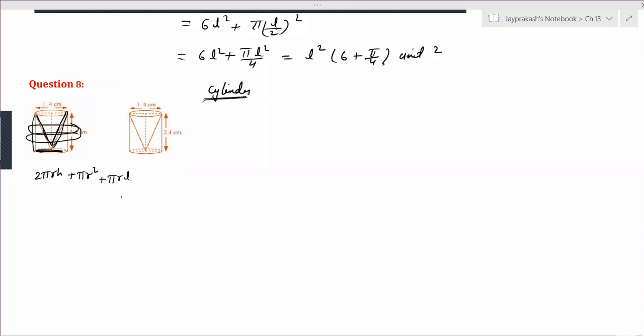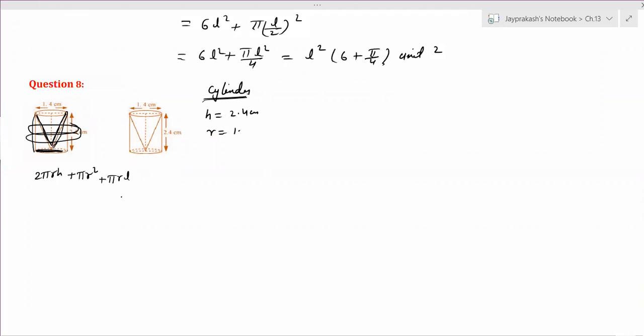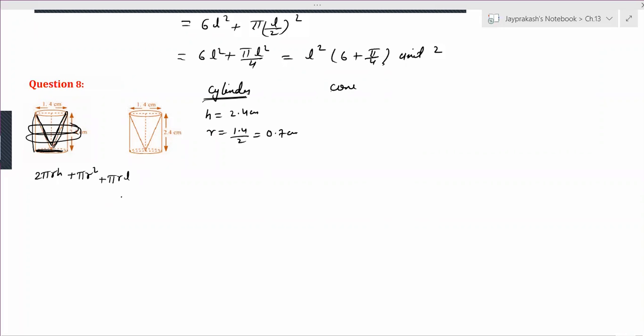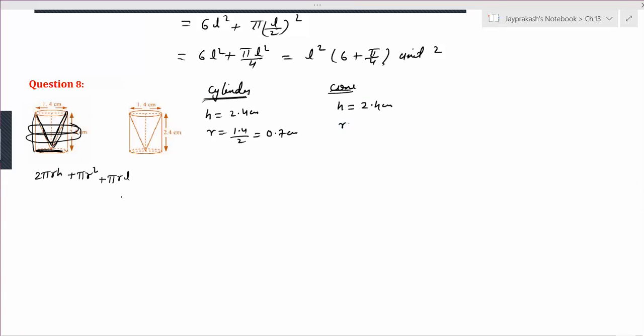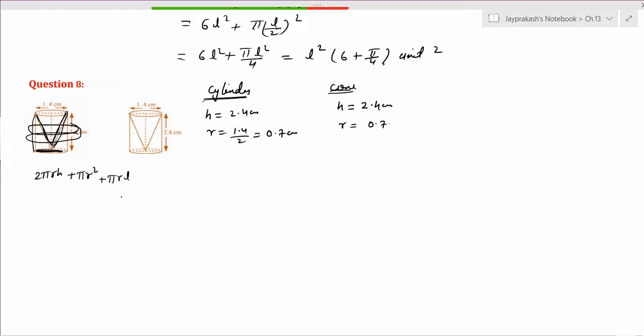So for the cylinder we are considering height 2.4 centimeter, radius 1.4 by 2. Then for the cone, the height is the same as the cylinder, so we are again taking a small h. Radius is also the same. So to find the CSA of the cone we need L. So first we will calculate the slant height. 2.5 centimeter.